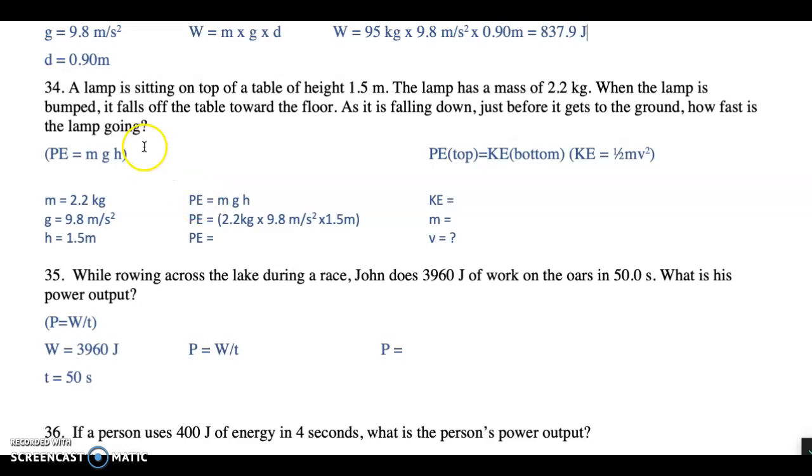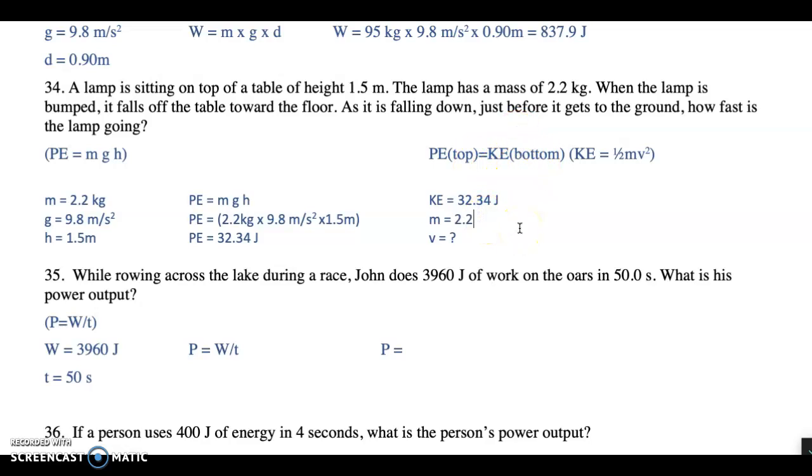Okay, so remember, law of conservation of energy: all the potential energy it starts with, which is equal to mass times gravity times height, which is 2.2 times 9.8 times 1.5, is equal to 32.34 joules of energy. Now, all that potential energy it starts with is also equal to how much kinetic energy it has at the bottom. So 32.34 joules is how much kinetic energy it has.